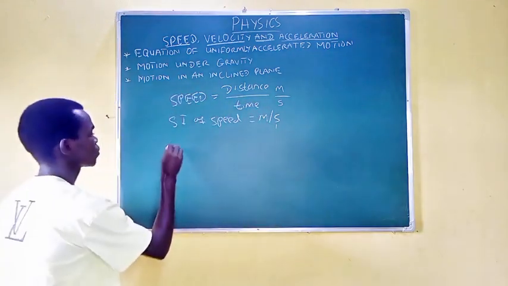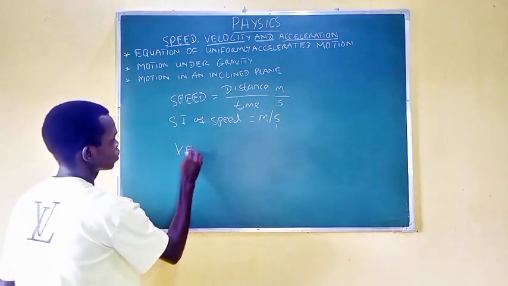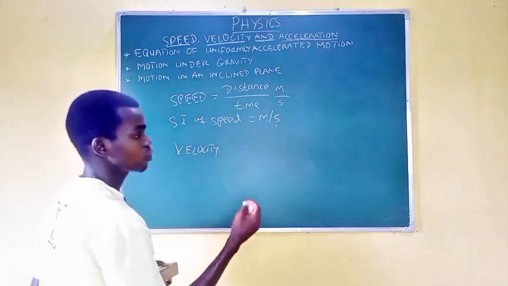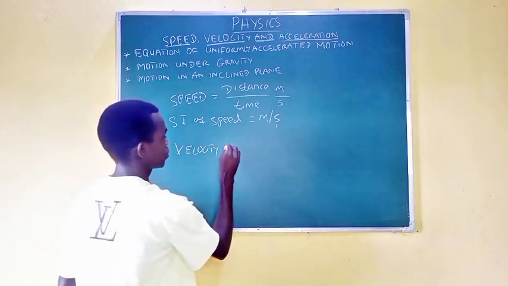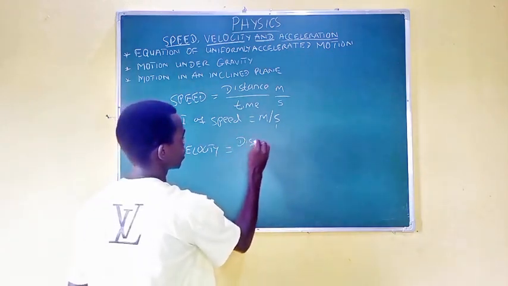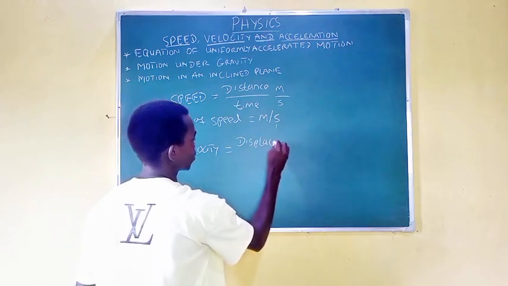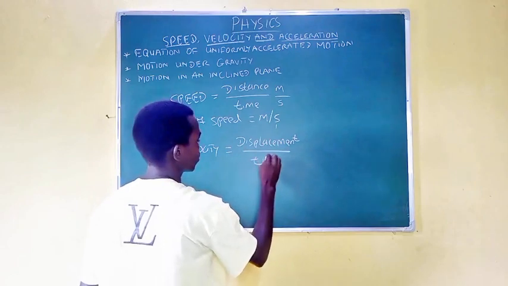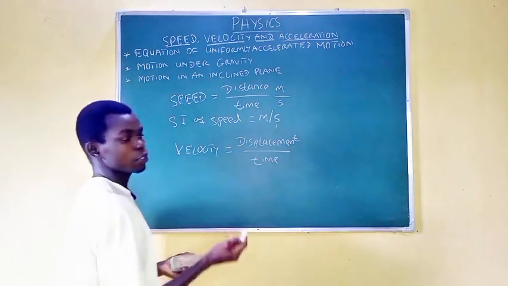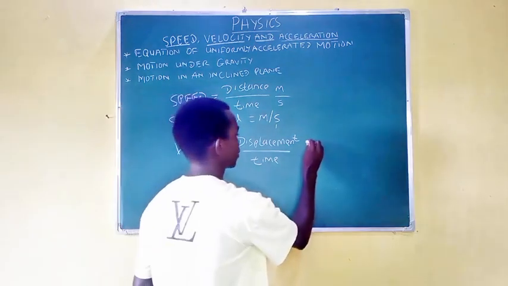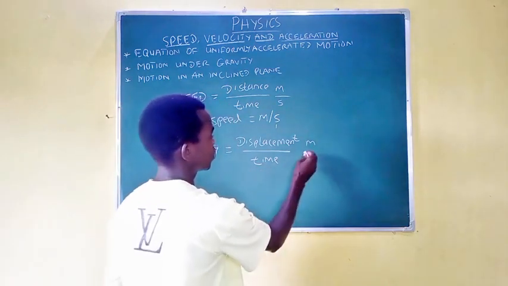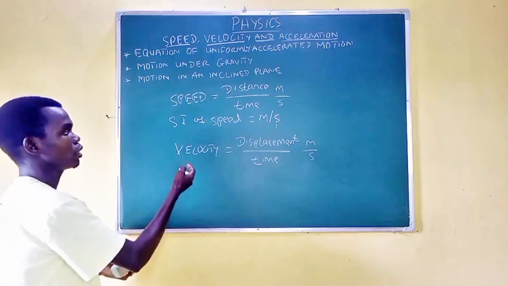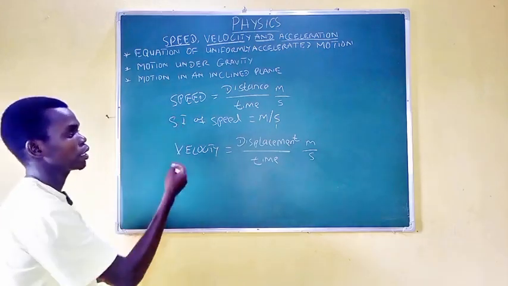So, velocity is the rate of change of displacement with time, which is displacement over time. Displacement is measured in meters and time is measured in seconds. So, the SI unit of velocity and that of speed are the same.